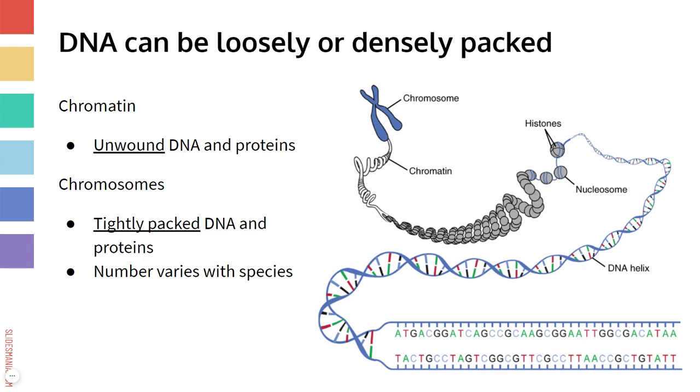Okay, so this is just to reiterate the point that DNA can be loosely packed. And this is a diagram showing that canonical looking chromosome that maybe you're used to imagining when you think about what a chromosome looks like. And you can see that it all starts out with these long strands of DNA with that classic double helix structure.